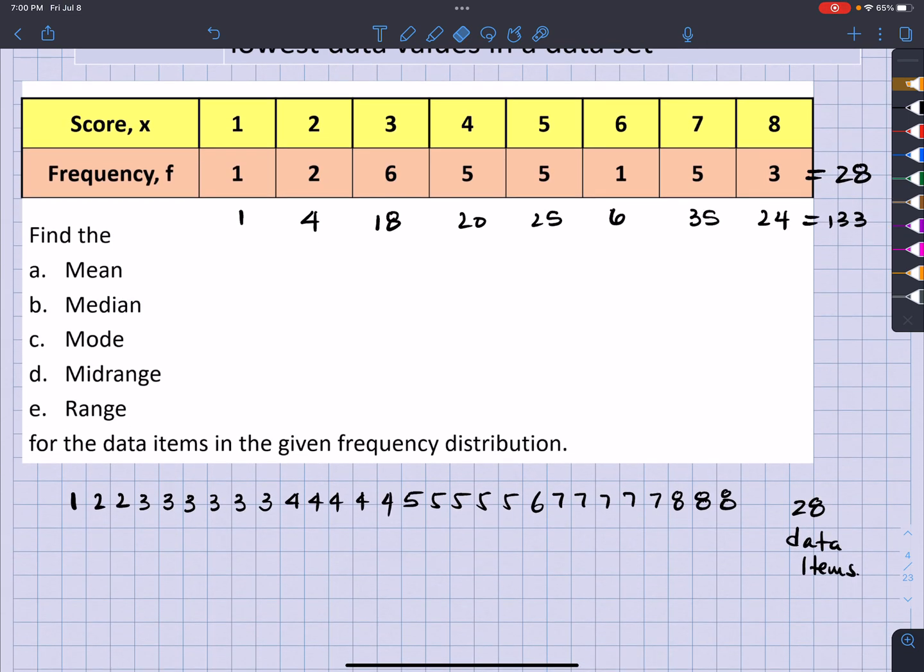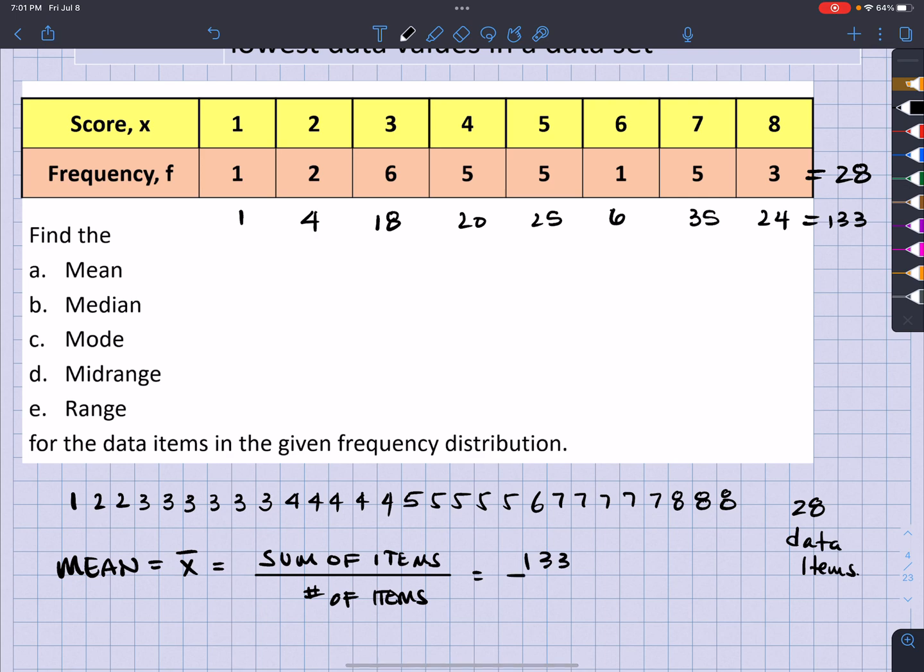So the mean, which we actually call X bar, is going to equal the sum of the items, so 133, divided by the number of items. Well, that's going to be 133 divided by 28.